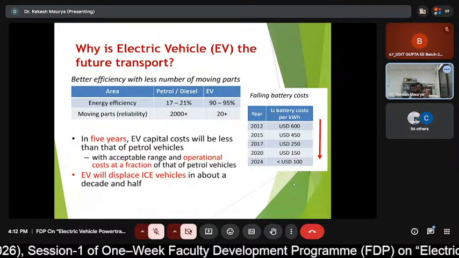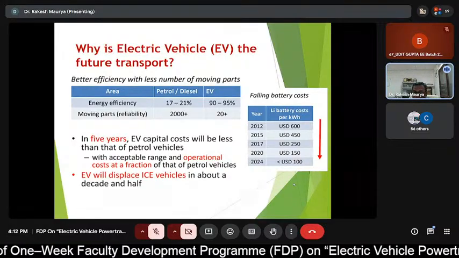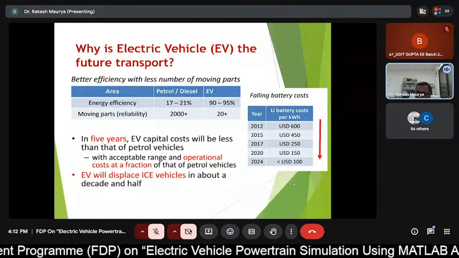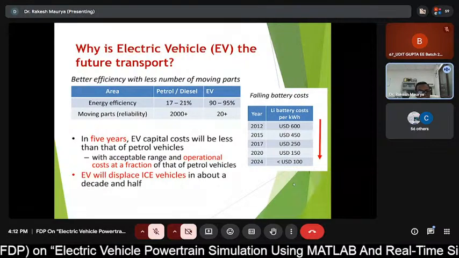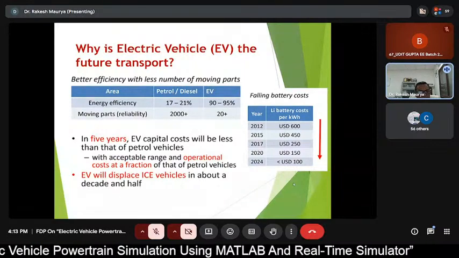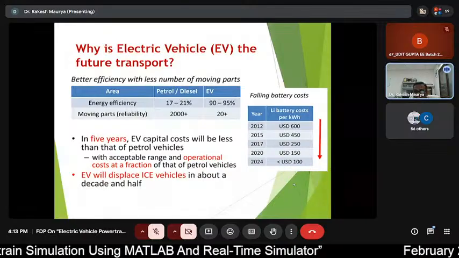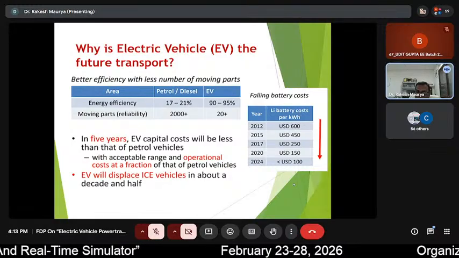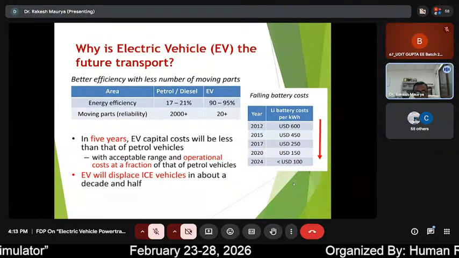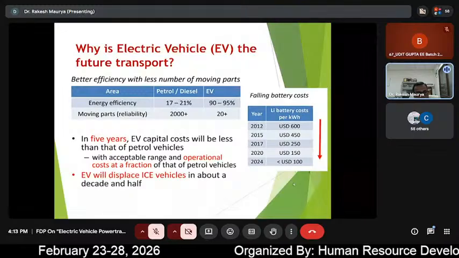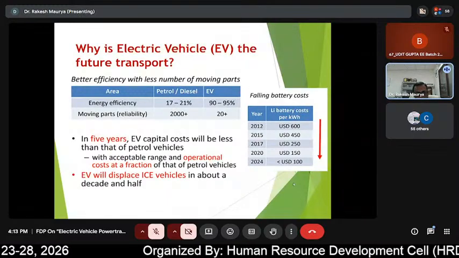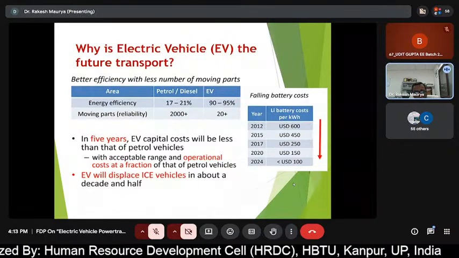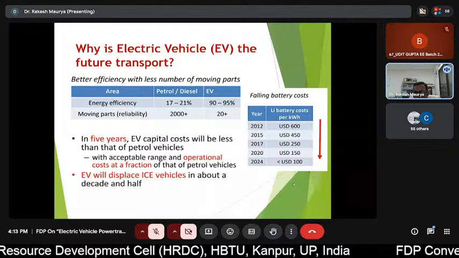At the same time, the cost of battery technology is going down, and that will give us a boost in reducing the electric vehicle cost, because this is the cost towards the battery. After 5 years comes research in the reuse of the battery, dismantling the battery, and at the same time disposal of the battery is a challenging task.